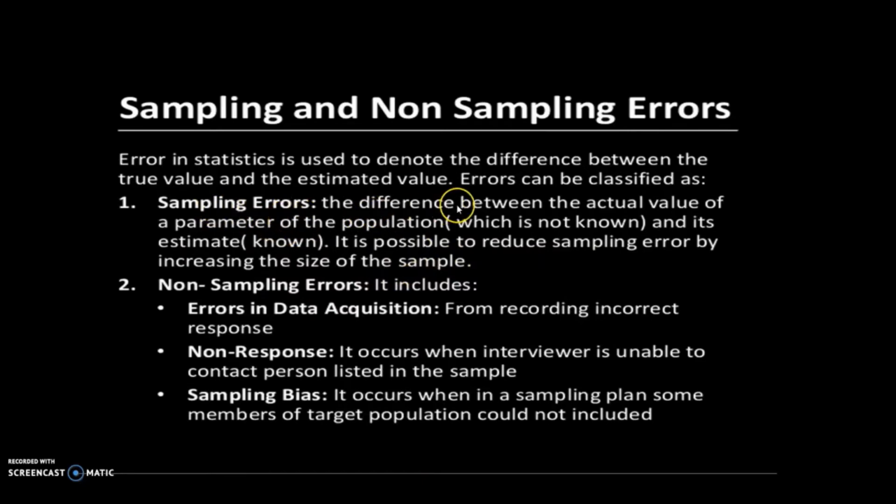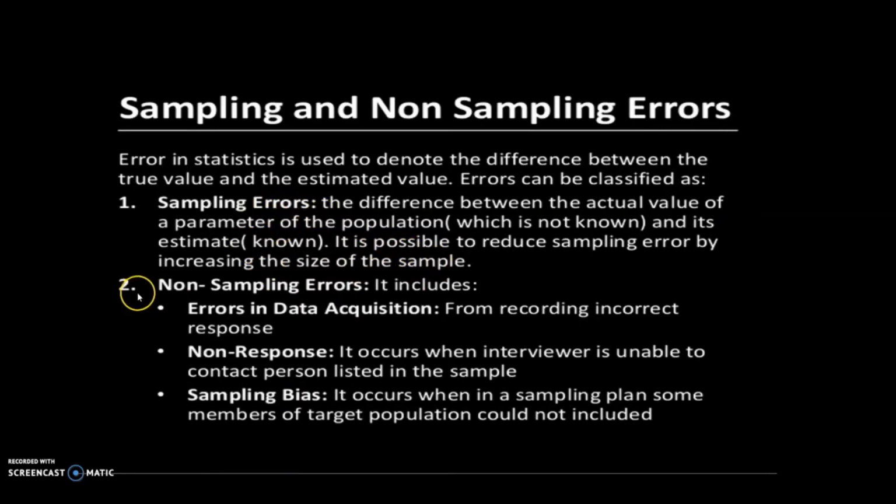It is the difference between the actual value of a parameter of a population and its estimated value. It is possible to reduce sampling error by increasing the size of the sample. When the sampling error occurs, we have to increase the size of the sample to reduce this error.